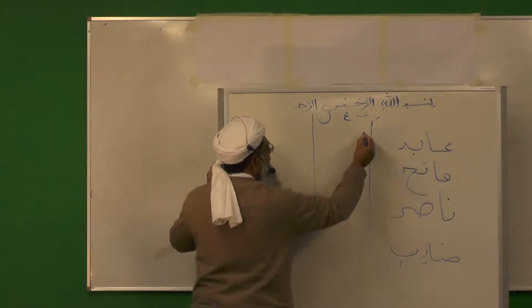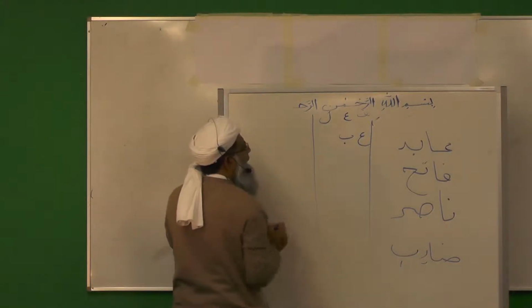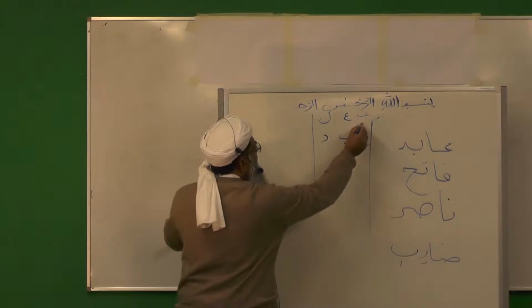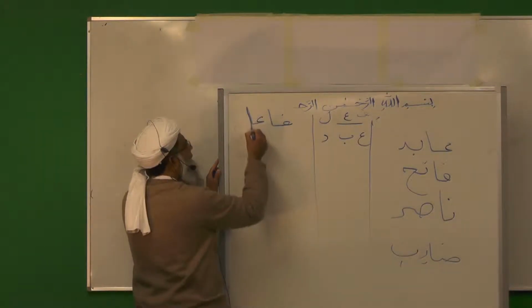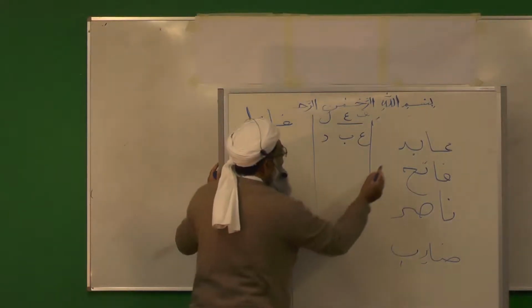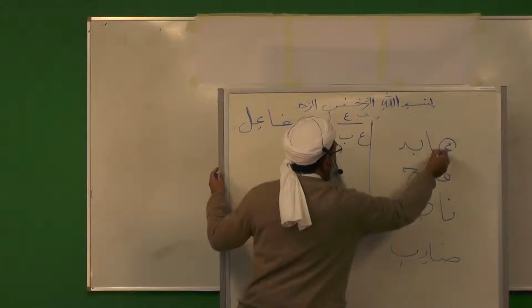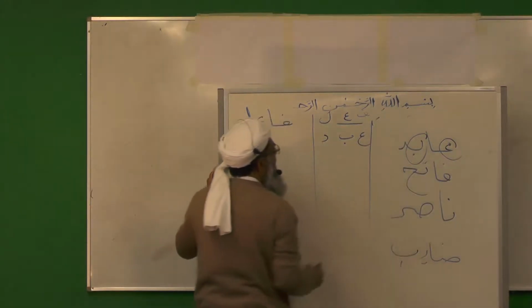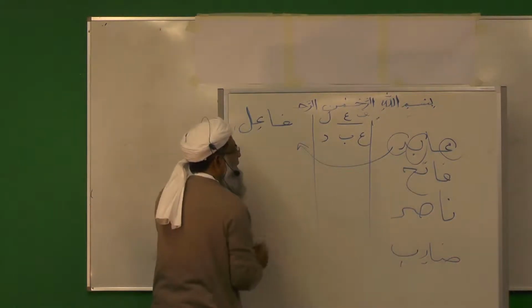Fa kalima over here is ain, and the ain kalima is ba, and the lam kalima is da. So my standard is fa'il. So if I convert the ain kalima with fa, the ba with ain, and the da with lam, what does it become?